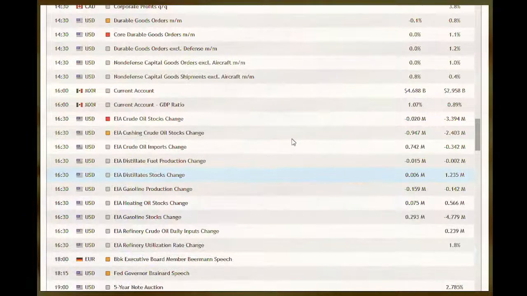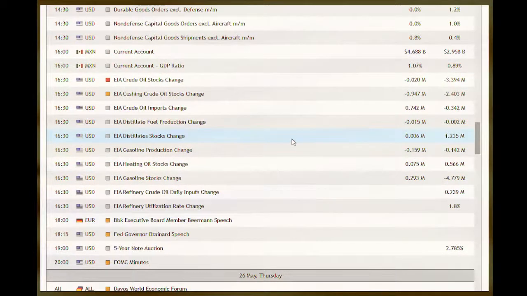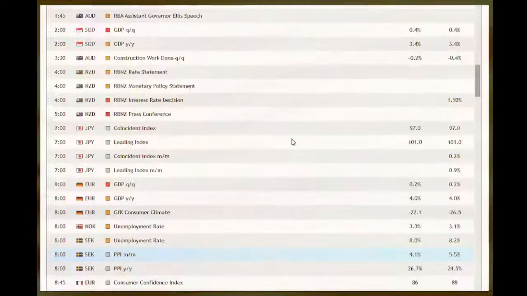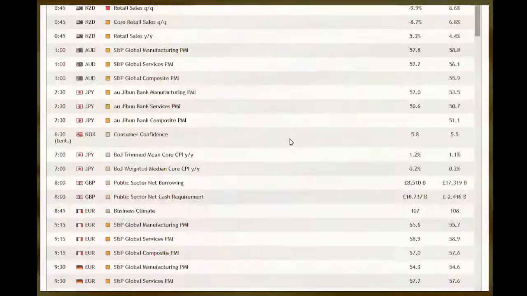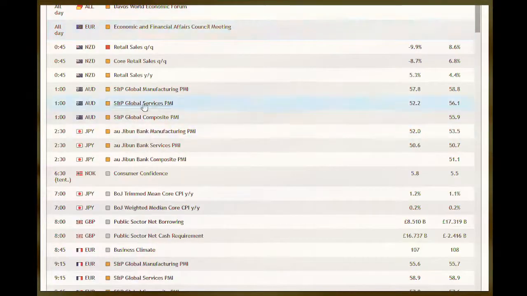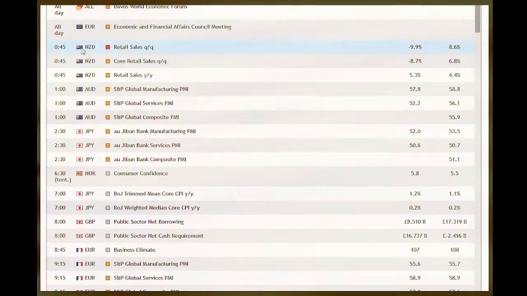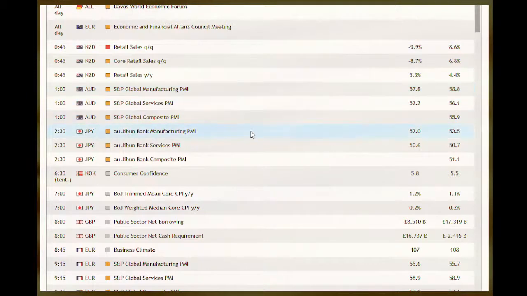On Wednesday we have the FOMC meeting minutes at 8, and earlier in the morning the NZD interest rate decision at 4 a.m. And on Tuesday, which is tomorrow, we have the NZD retail sales at 12:45. So these are the events that you have throughout the week.